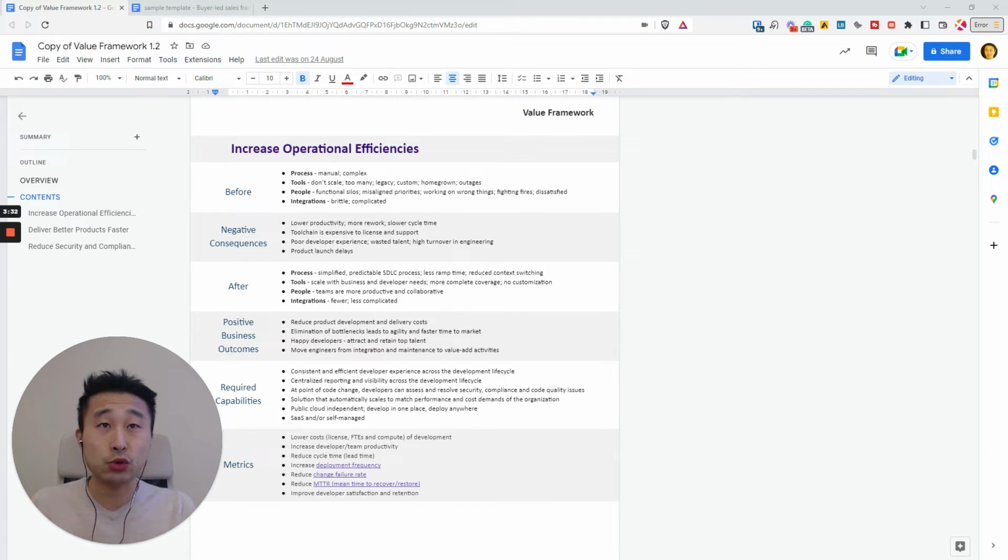And there will be less ramp time, and you reduce context switching because it's all in there, and you can scale with the business, right? When you develop and need them, we have the infrastructure to make them expand quickly, and it's more reliable and helps you in overall productive activity.